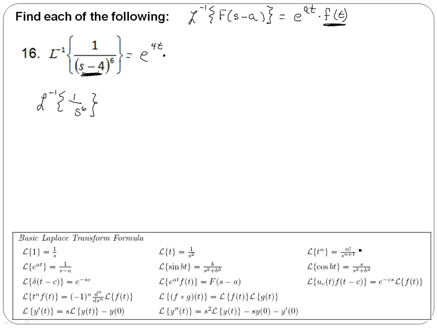Well, 1 over s to the 6th, I want to use this definition, where n is 5. That'll give me an s to the 6th in the denominator. And I need a 5 factorial in the numerator.